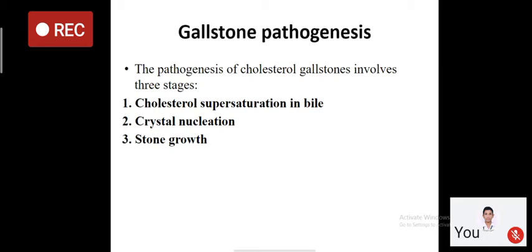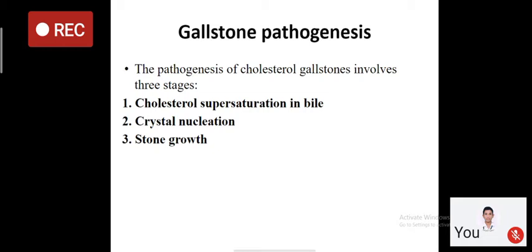Second, enterohepatic circulation: 75 to 80% of bile acids, the bile salts, are absorbed in the terminal ileum and then recirculated to the liver. So in any resection of the terminal ileum, this enterohepatic circulation is lost, so there will be decreased bile salt in the circulation, leading to gallstone formation.